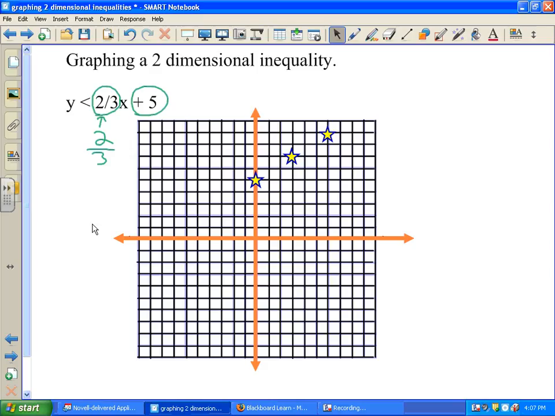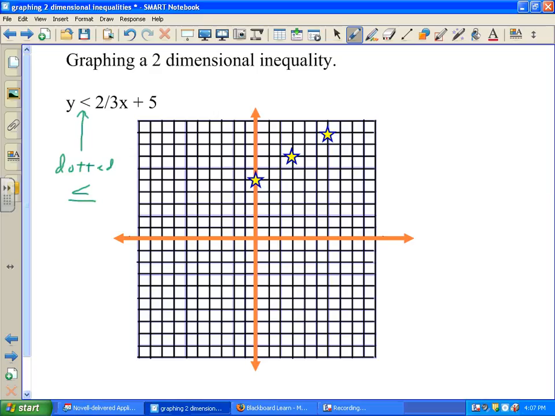Now that we have these 3 points plotted, we have to ask ourselves, is it going to be a solid line or a dotted line? Since it's less than, that tells us it's going to be a dotted line.